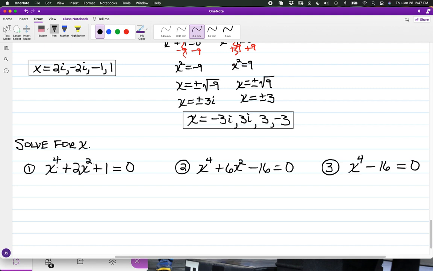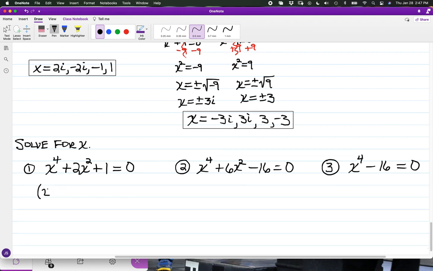Now for the first one, we have x to the fourth plus 2x squared plus 1 is equal to 0. This equation is going to be quadratic in x squared, and this trinomial can be factored.